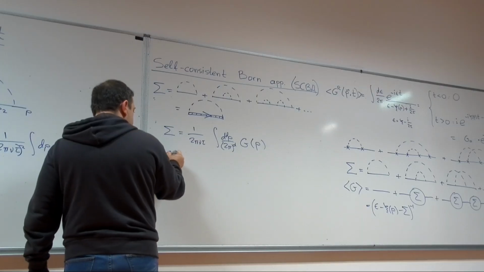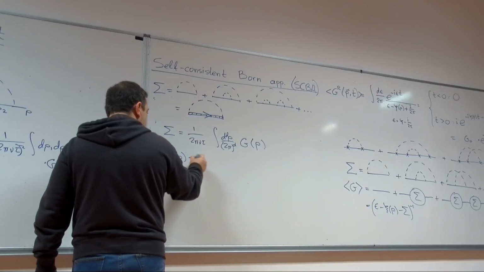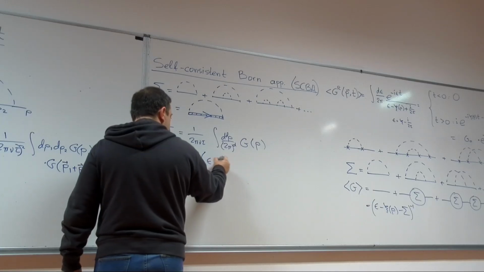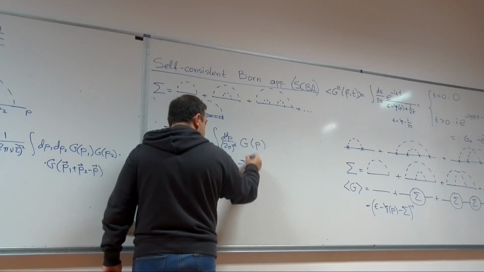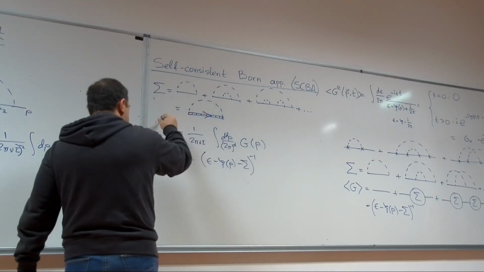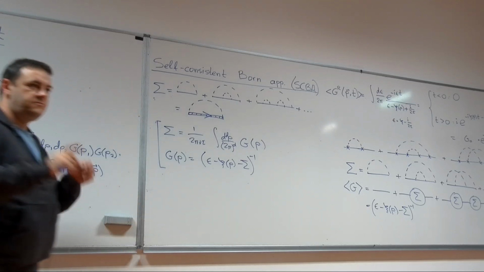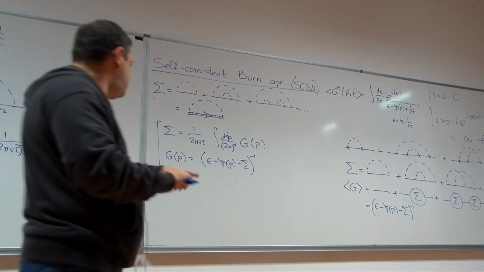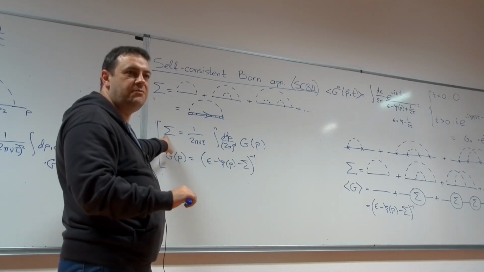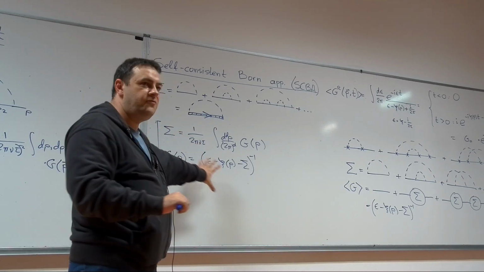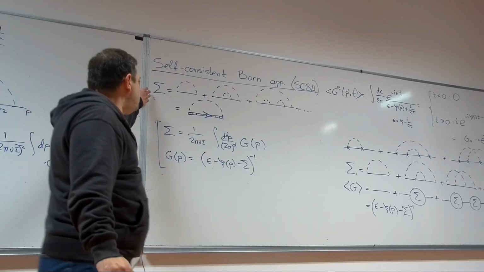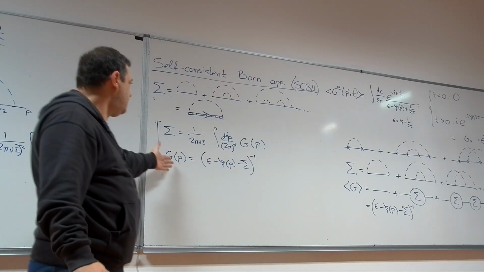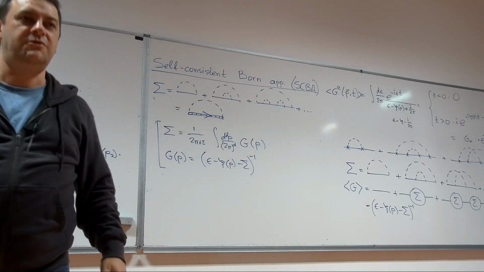And the green function of p equals epsilon minus psi of p minus sigma, inverse. These are two equations for two unknowns. G is one unknown, sigma is the other one. Two equations for two unknowns can be solved, and we can find the whole sigma, which includes all of that, and the whole green function that includes that sigma.